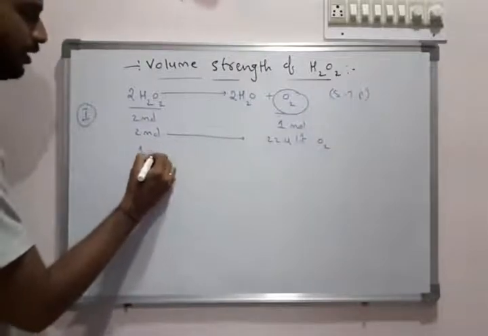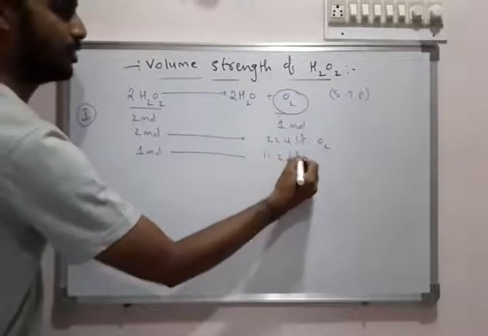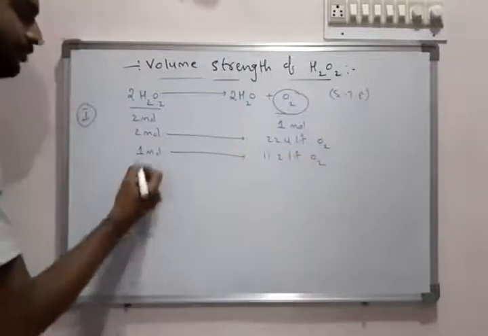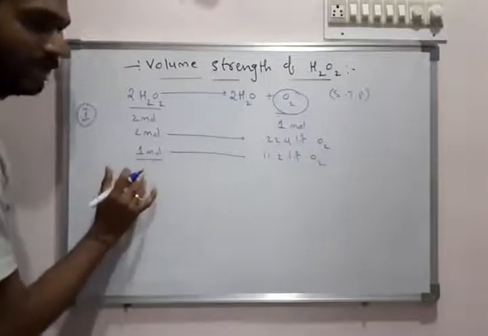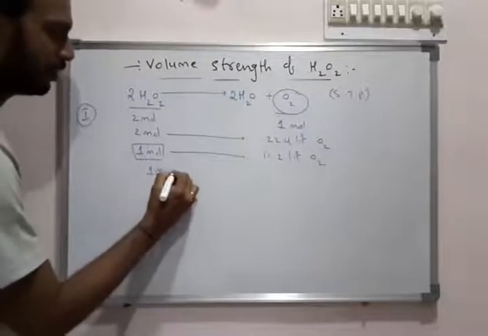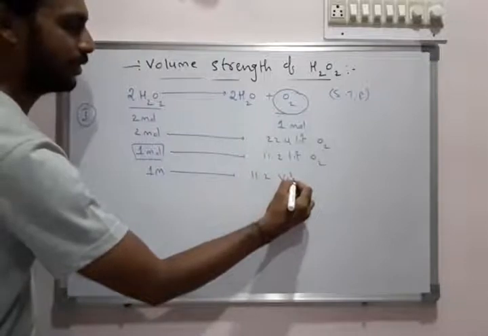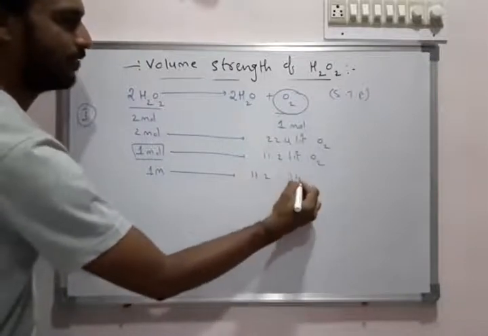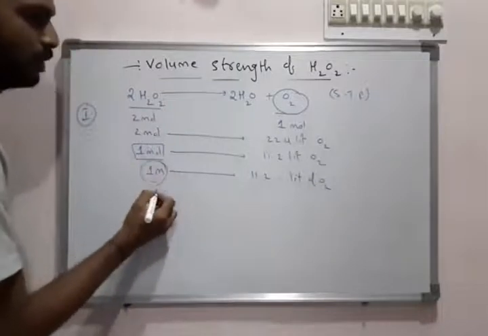So what about for 1 mole? It is 11.2 liters of oxygen. So if you are calculating for 1 liter at STP, for 1 molarity it is equal to 11.2 volumes, nothing but 11.2 liters of oxygen for 1 molarity.